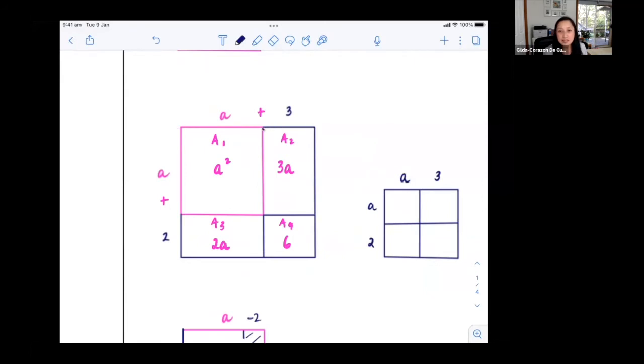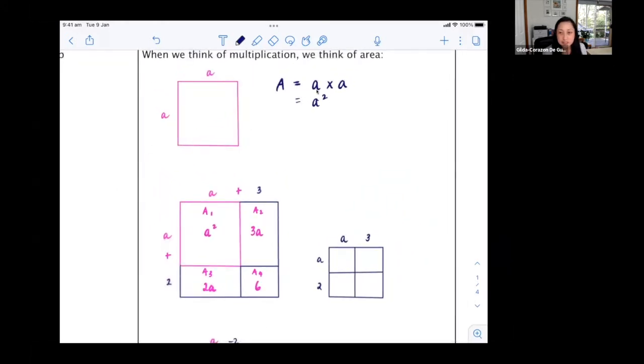We could add a length of 3 on this side, and a length of 2 on this side. Now this becomes our rectangle, wherein one side is a plus 3 and the other is a plus 2. Similar to what we did previously, we just multiply the two dimensions, so the area of this rectangle is a plus 3 multiplied by a plus 2.